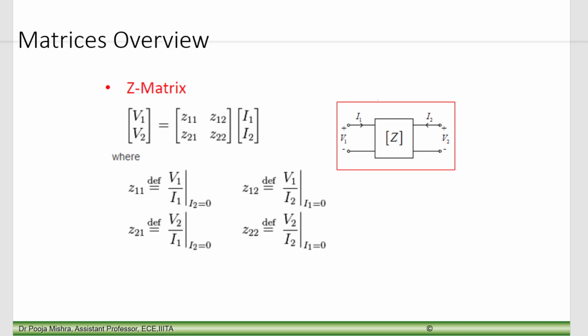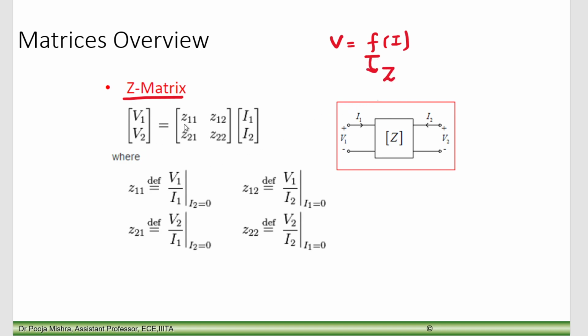The Z matrix defines voltage as a function of I, and the relation between V and I is denoted by impedance.